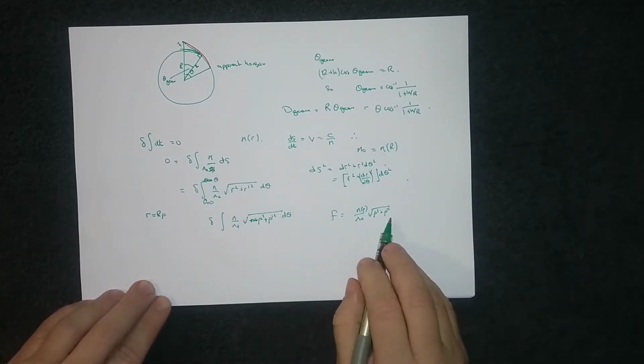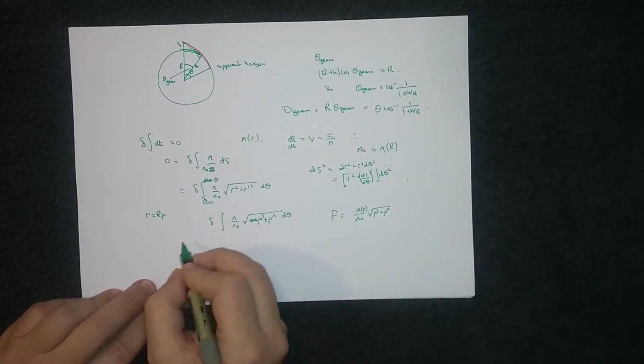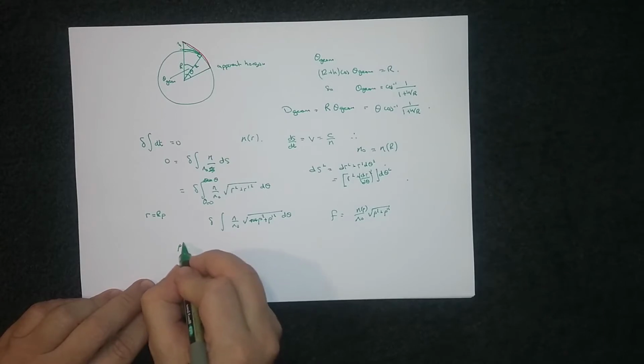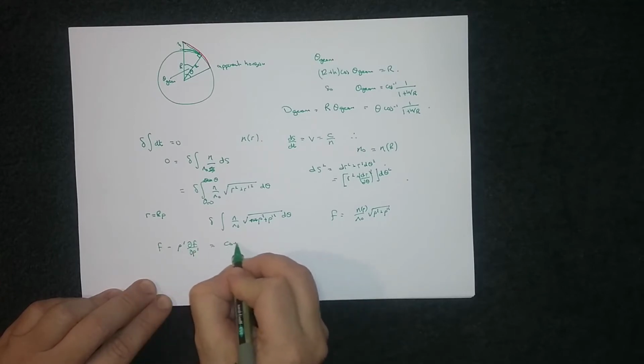You'll notice this has no dependence on theta, so we know that f minus rho prime df by d rho prime is a constant.